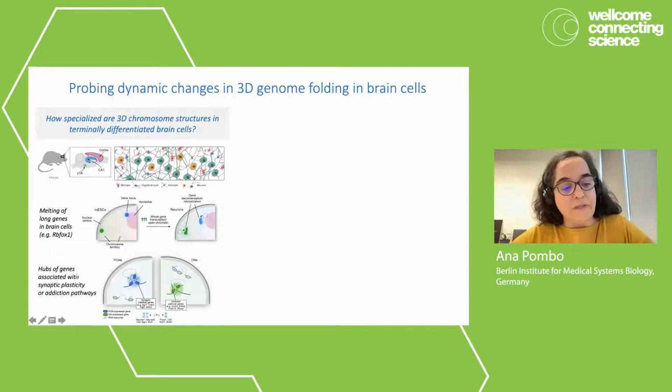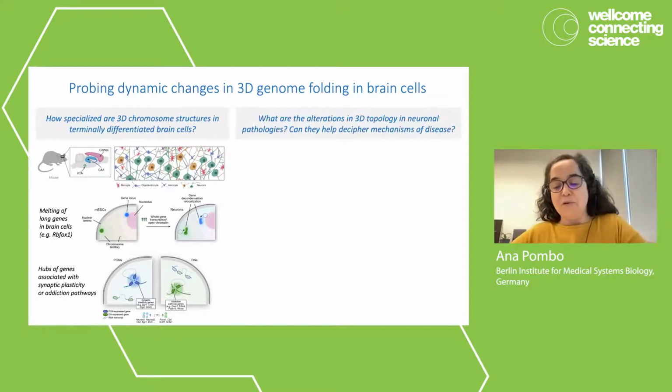And we also discover specific hubs of genes that come together in a differential manner in specific neurons, for example, PGNs and DNs.